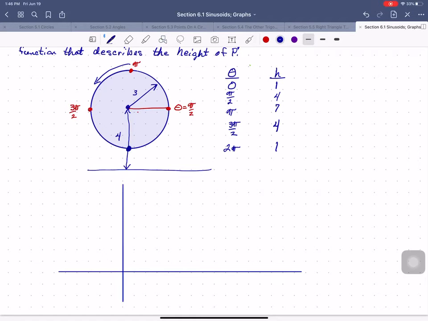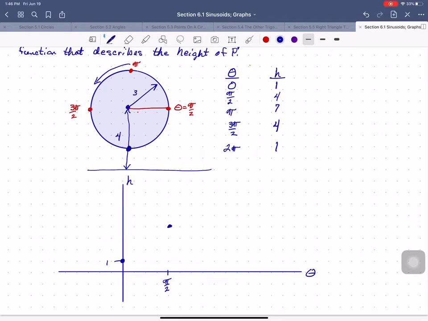And remember, this is my angle theta on the x-axis. And what I am putting on my y-axis now is the height of my point. So when we started, we were at 1. When we went to pi over 2, we were at 4, so 1, 2, 3, 4.